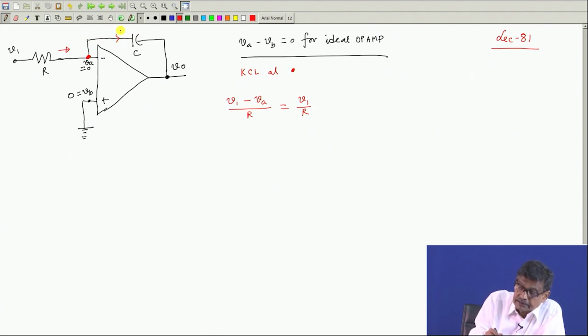So, the current in this branch, if I say this current is I, because an ideal op amp does not take any current practically, this current goes there.